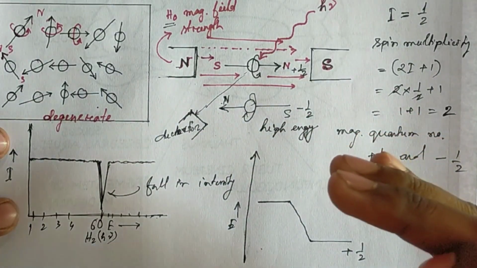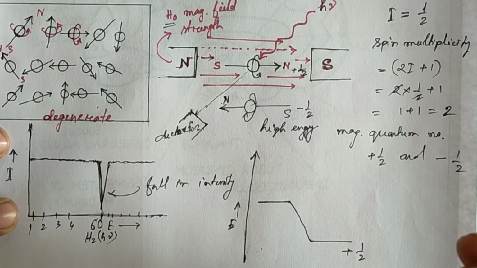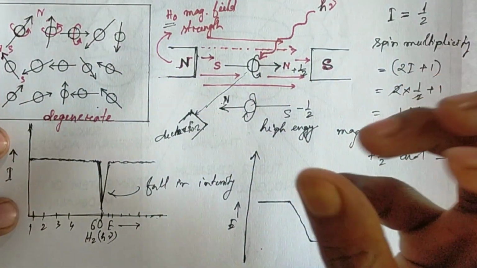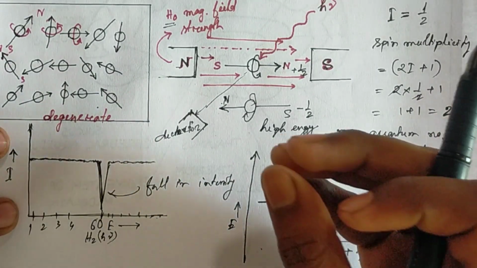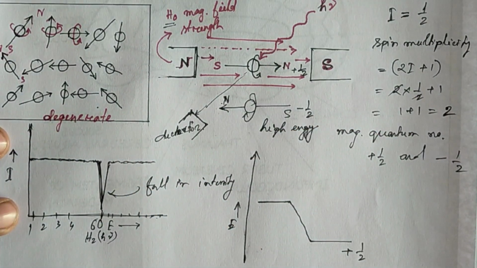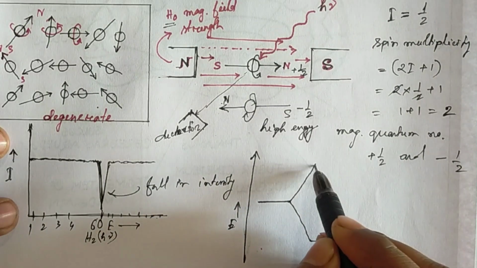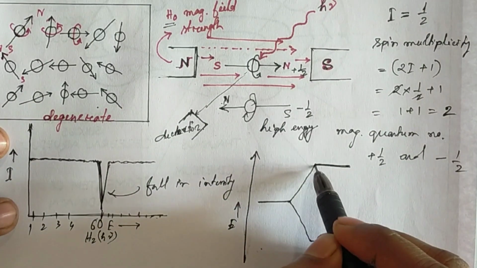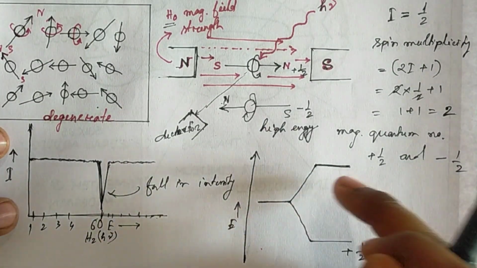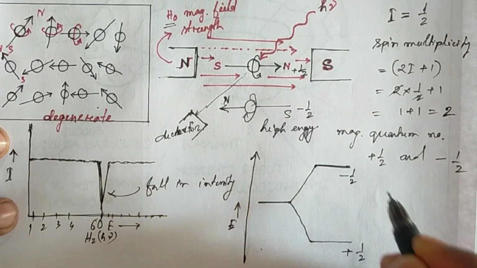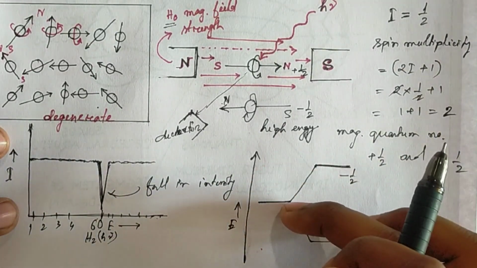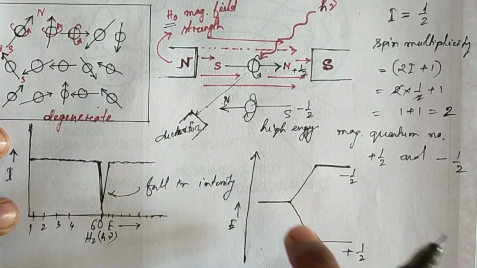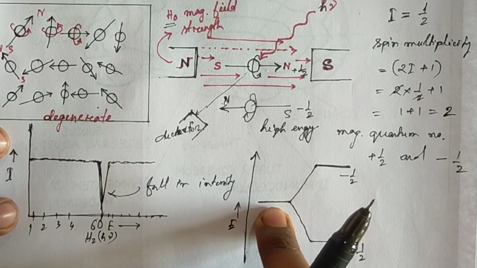So as the nucleus absorbs that energy, it will have some higher energy, somewhere here, which is represented by minus half. This energy is higher than the degenerate state of the nucleus where there is no external magnetic field.